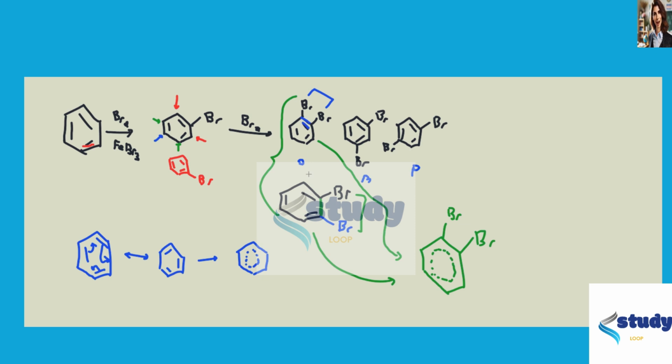So because each of the carbon-carbon bonds are identical and they're in some sort of intermediate length between a single bond and a double bond, we know that every single carbon-carbon bond has some partial double bond characteristics, making them all identical. So we don't actually get two separate structures for this ortho substitution. We only get one. Therefore, resonance explains why we only get these three products shown here.